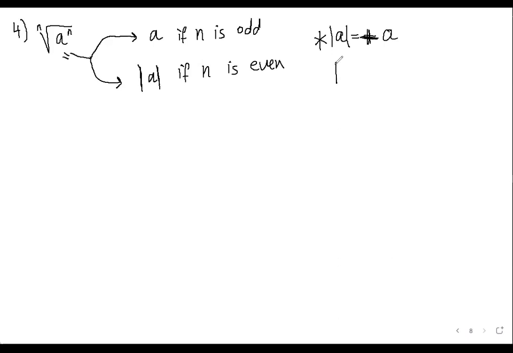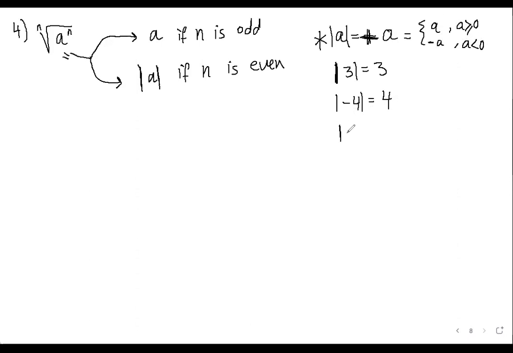For example, the absolute value of 3 is 3, and the absolute value of -4 is 4. I can define it as a if a is a positive number, and minus a if a is a negative number. I multiply the number by negative if it's negative. If it's positive, I keep it the same.